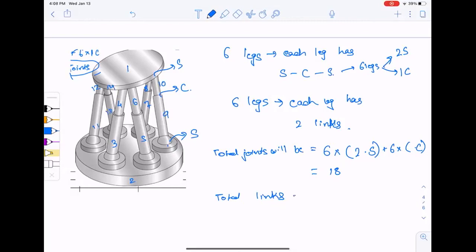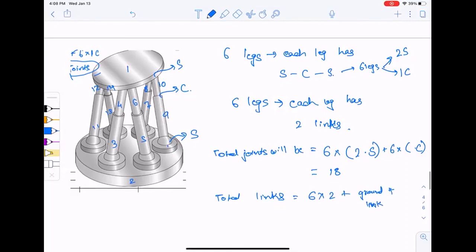So each leg has 2 links, so 6 into 2 is 12, plus the ground link and the platform. So we have total 12 plus 1 and 1. So total we have 14 links in this case.